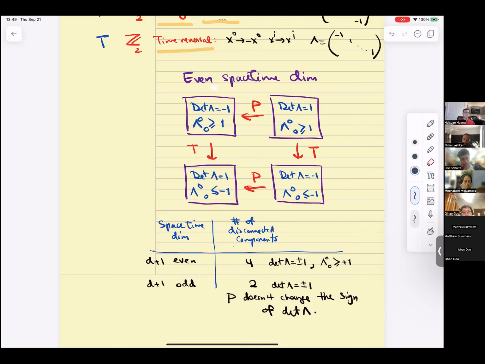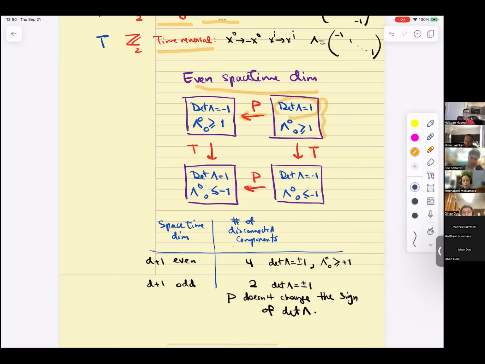But for now, in every even dimensional space-time, you can start with the set of Lorentz transformations that have determinant 1 and lambda^0_0 larger or equal to 1. Hopefully it's clear that this part of the Lorentz group is continuously connected to the identity, because the identity has lambda^0_0 equal to 1 and determinant 1.